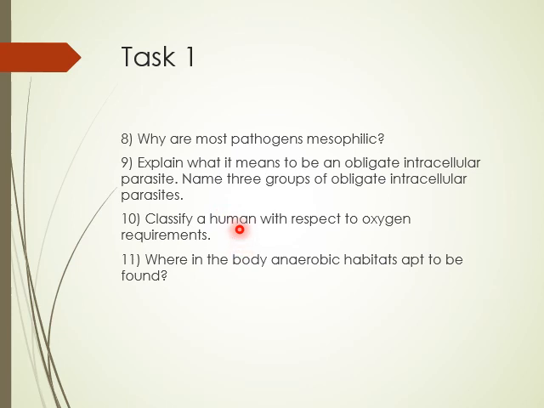And then classify a human with respect to oxygen requirement. So what are we actually? Can we live without oxygen? Are we microaerophiles? Last question, where in the body are anaerobic habitats apt to be found? Okay, where is it?